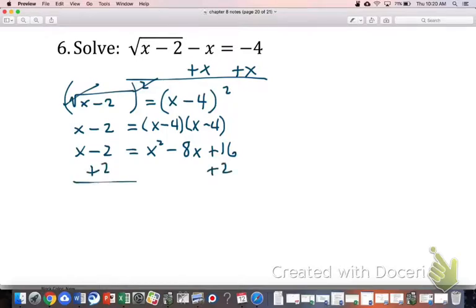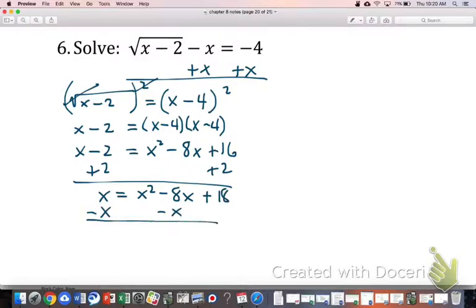That's right. So that's going to give me this, and then I'm going to subtract x appropriately. That's going to give me 0 equals x squared minus 9x plus 18. So we want to get everything on one side equals 0.